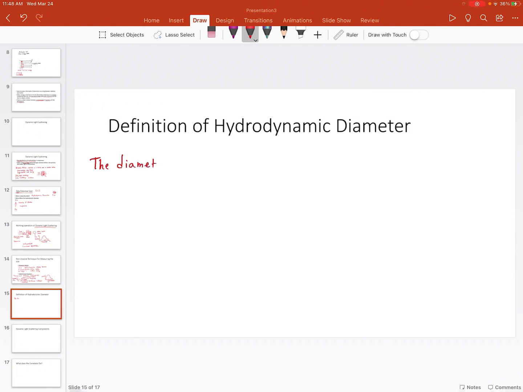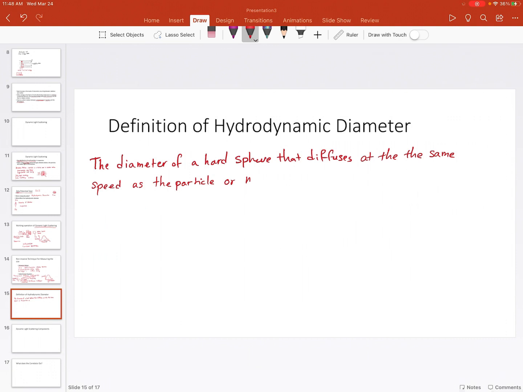I'm going to write here: the diameter of a hard spherical sphere that diffuses at the same speed as a particle or molecule that is being measured.